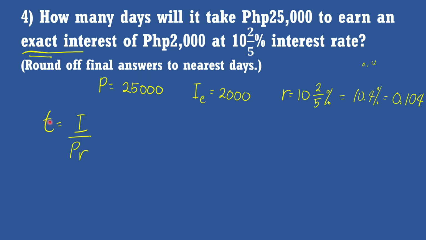Now, since this is in days and we are given exact interest, the time should be over 365. Alright? From here, actually, you can just transpose right away 365 to I. You cross multiply it there. So that will give us 365 times I over PR. So this is our working equation equivalent to time in days.